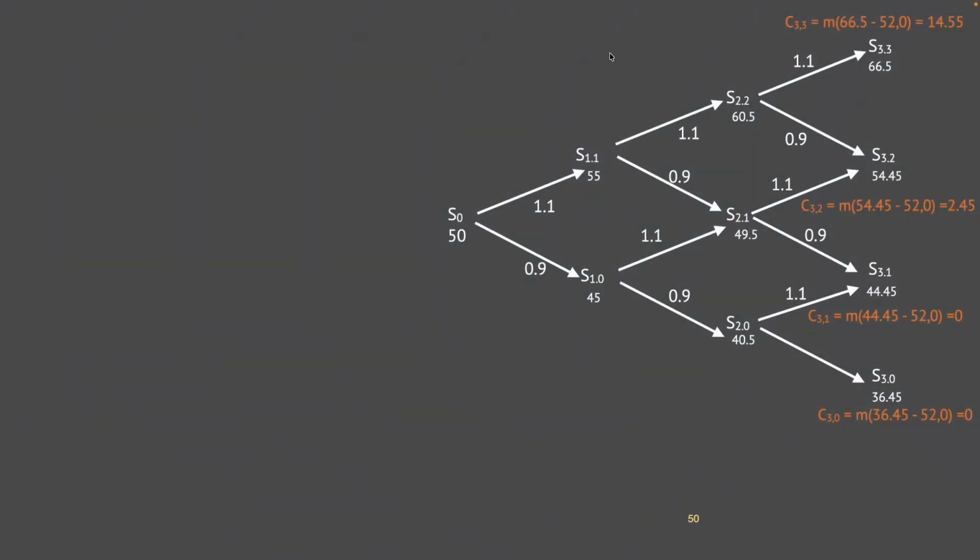Now let us see the terminal values. The terminal value is the value of the option at the end of the 3 periods.